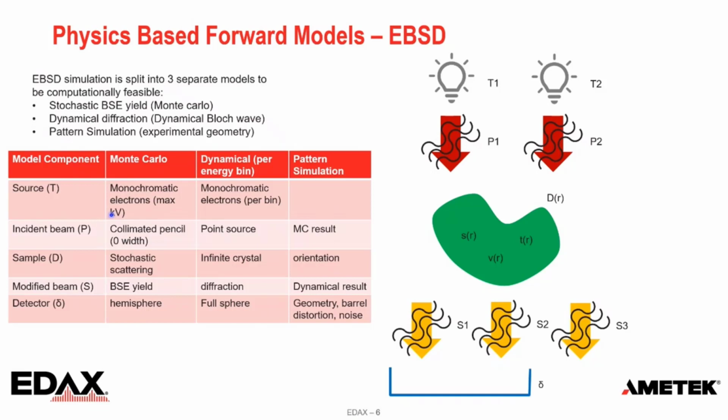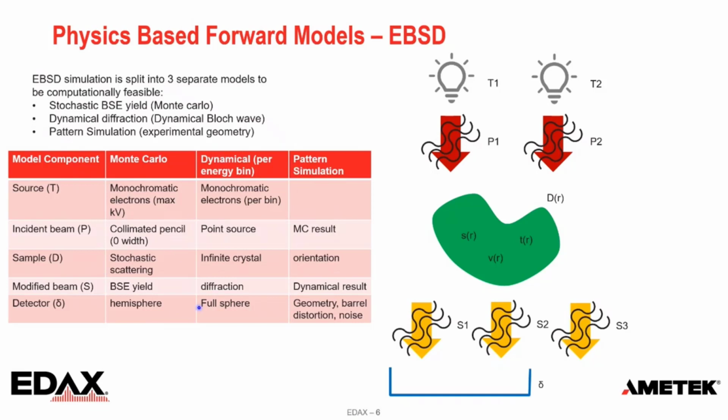Your source is a monochromatic X-ray or a monochromatic electron beam. And then it just uses stochastic scattering to give you backscatter yield, and you get it with basically a perfect hemisphere detector. So in a gridded set of exit directions from your sample, what is the backscatter yield? So that's the Monte Carlo part.